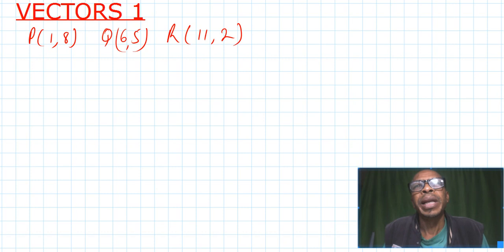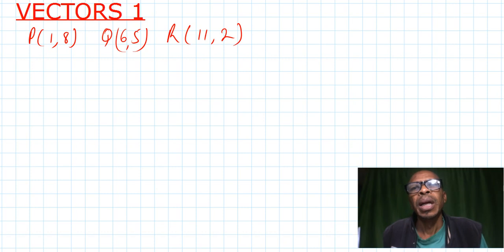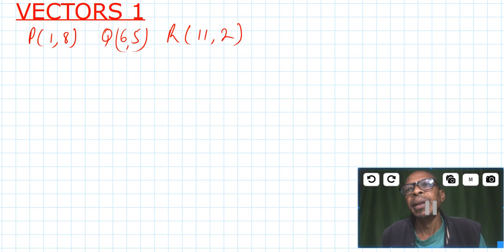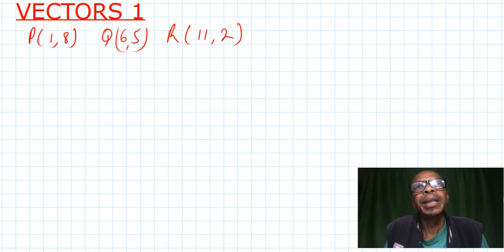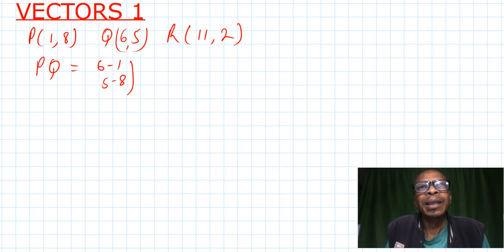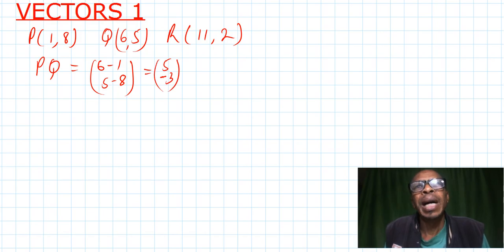So what do we do? We can start with PQ is equals to 6 minus 1 and 5 minus 8. So that will give us 5, minus 3. We can get PR or even get QR. Let's try QR.